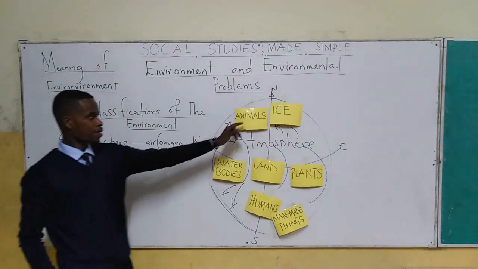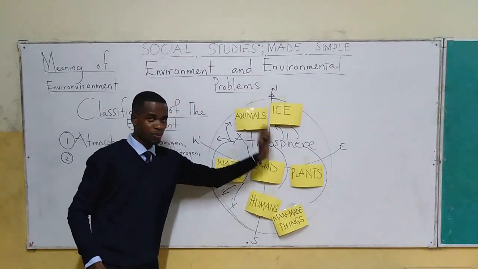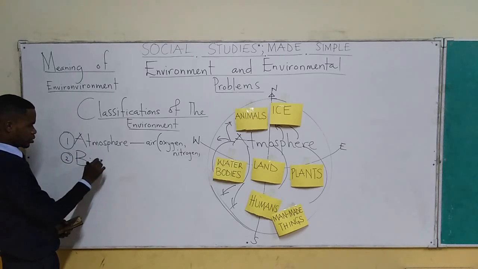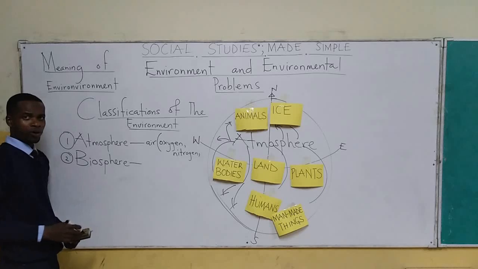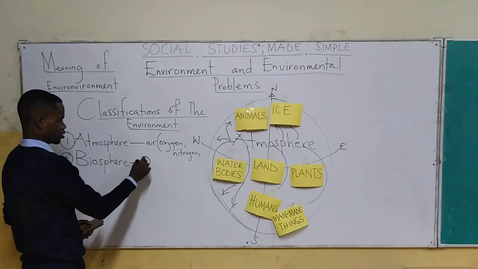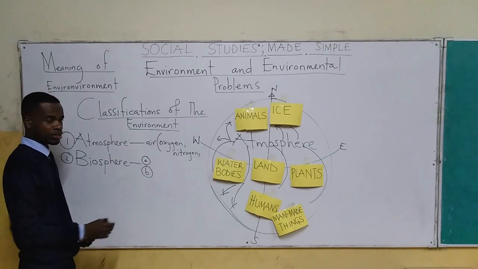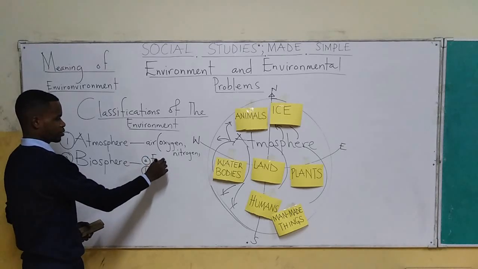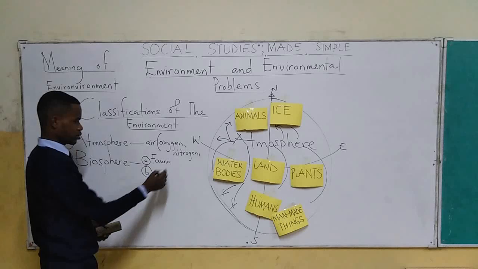Number 2, animals and plants. We put them together. They form the biosphere. In the biosphere, there are 2 major categories, A and B. Category A of the biosphere, we have the fauna, animals.